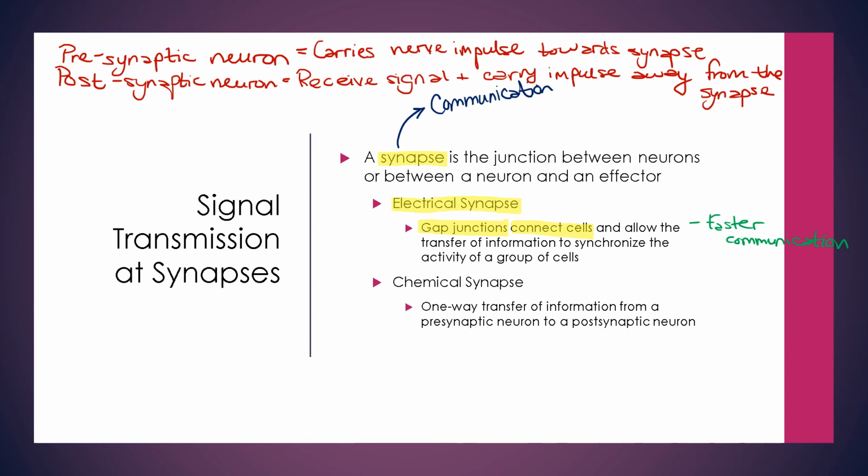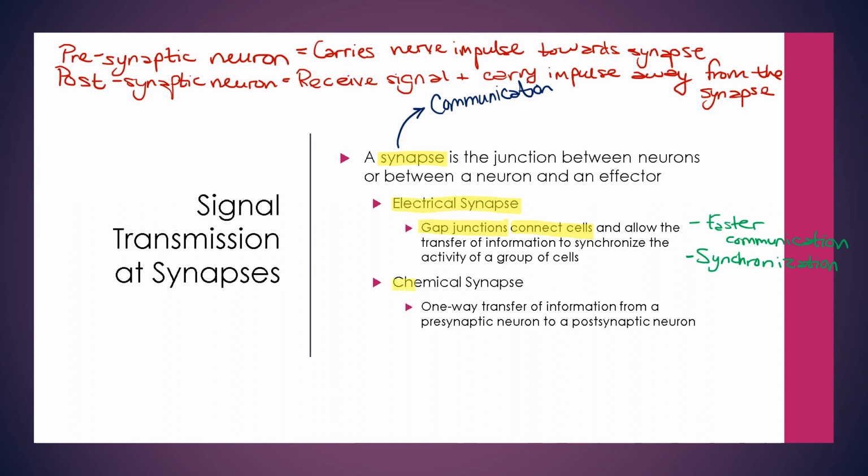So they allow for faster communication, and because of that, they allow for synchronization. They can allow an electrical signal to essentially pass through multiple neurons at almost instantaneous speeds.